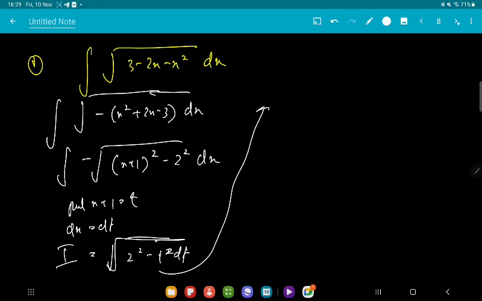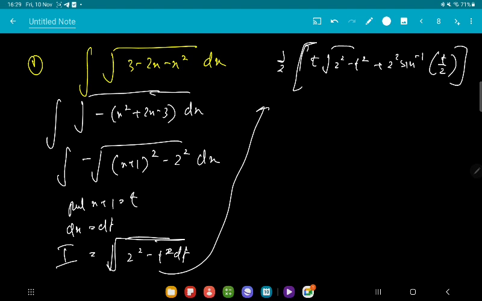So once you solve it up, you will get your answer as 1 by 2 t under root 2 square minus t square plus 2 sine inverse t by 2.